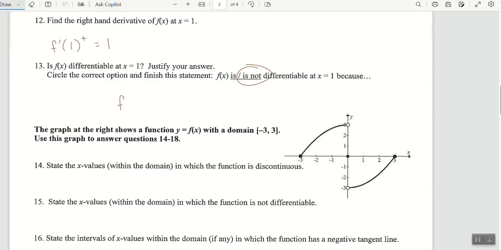We have a much easier way to say it. F prime from the left did not equal f prime from the right. And Abigail, you're absolutely right that we could say f prime is not continuous, and that's what this is saying. But this is a much more concise and clear answer, I hope. Maybe not more clear, but definitely less writing. Okay. Cool.